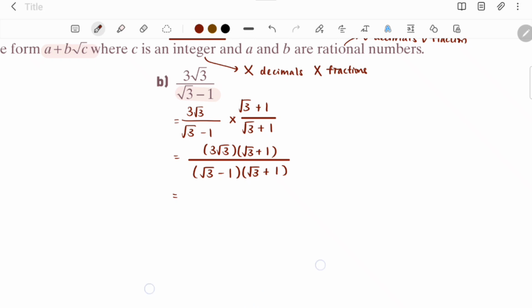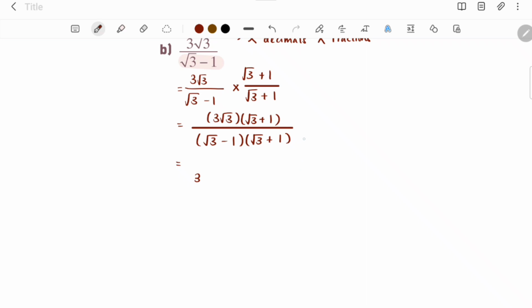Okay. Simplify surd 3 times surd 3, 3. And then negative positive. We already know that this one is actually equal to surd 3 square minus 1 square. So 3 minus 1. Okay, up here, open bracket, this one has to be multiplied by this one and this one.